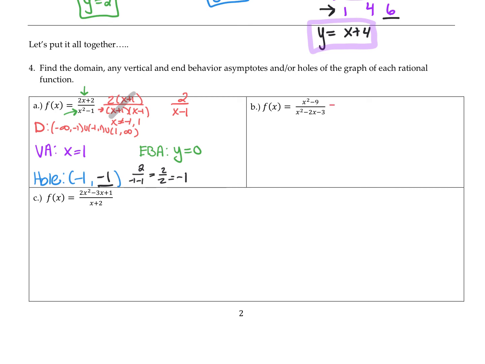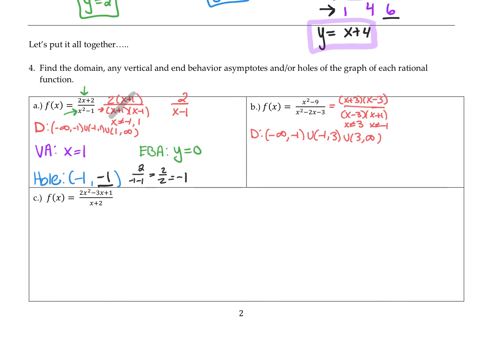All right, so let's simplify b. So factor the top and the bottom. And from this, I can see that x cannot be 3 and x cannot be -1. So negative infinity to -1, union -1 to 3, union 3 to infinity.